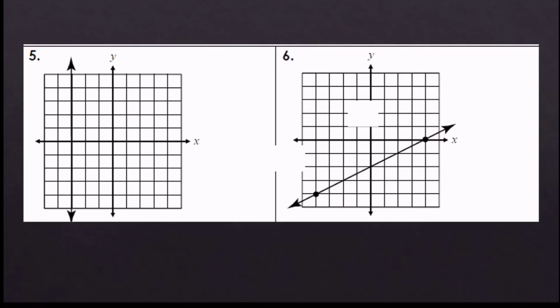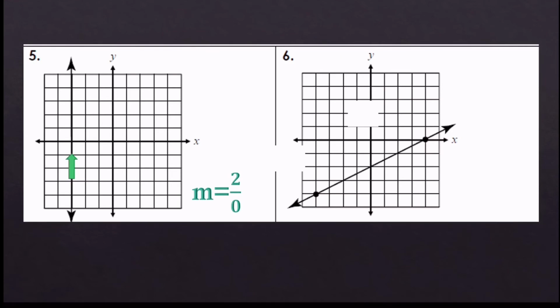Okay, so remember when we first started this. If you take a look at this graph on number 5, we normally do our rise over our run, right? Well, all I'm doing here is I'm rising. I mean, I can keep rising, but I never run. So we could say I go up 2 and I don't go over anywhere.